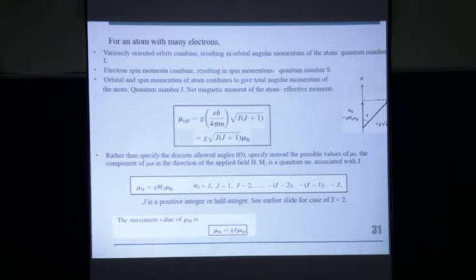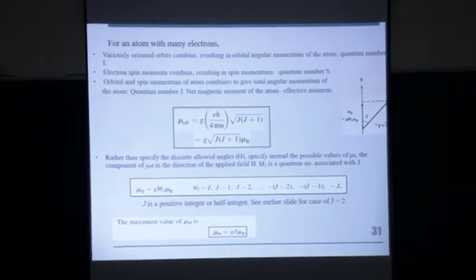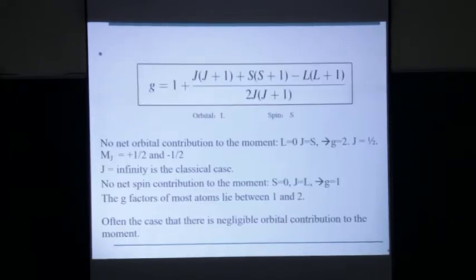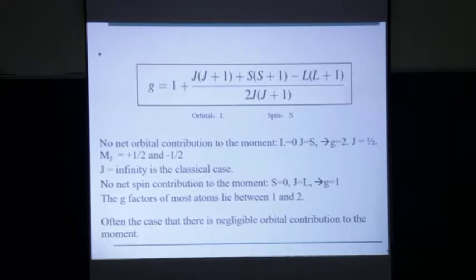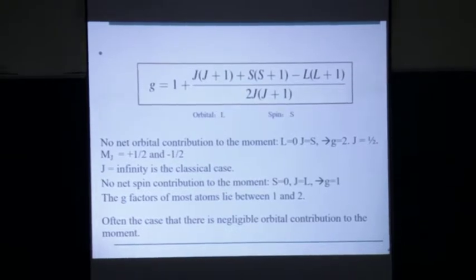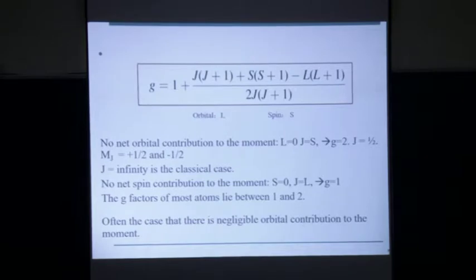So now you have the maximum value, obviously this value J, because that's the maximum. So mu H is equal to g into J into mu B. So what is g? g itself, as I told you, is a combination of J, S and L. There's a spin component, there's an orbital component.